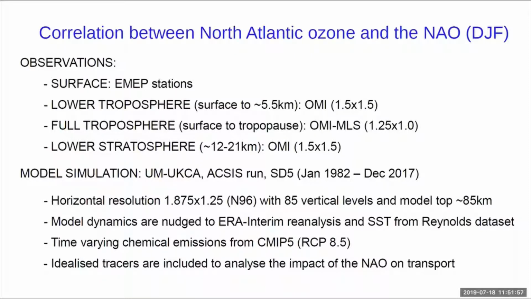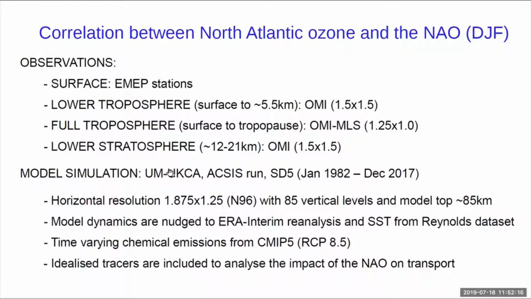In order to answer these questions, I'm going to use a number of observations and model simulations. The observations are at different vertical levels. So we've got surface, lower troposphere, full troposphere, and lower stratosphere. And our model simulations are with the UKCA model.